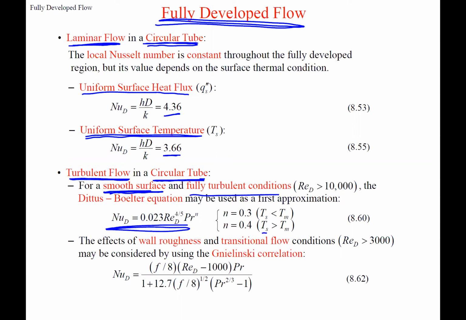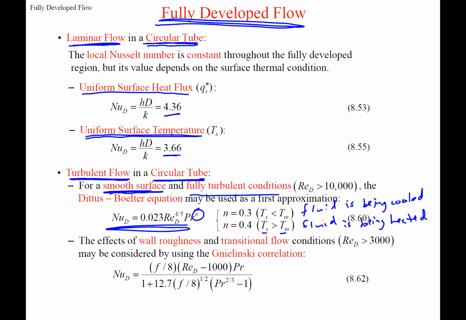If the surface temperature is greater than the mean temperature, the wall temperature is hotter than the fluid temperature, that means heat's going into the fluid, so the fluid is being heated. If the fluid is hotter than the surface temperature, the fluid is being cooled. So that changes that parameter n.